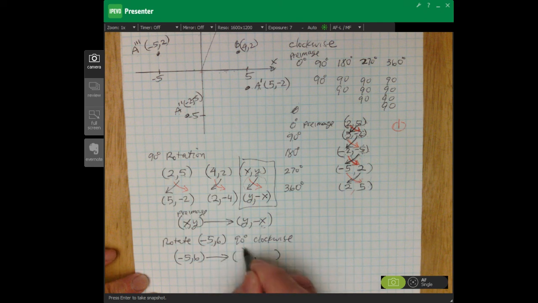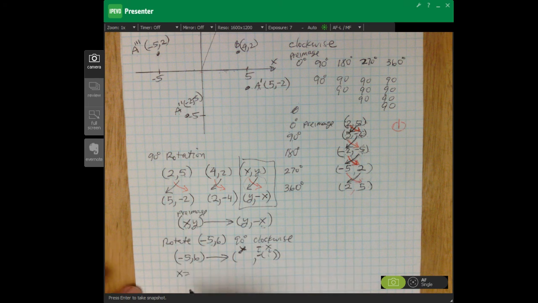Now here we're going to put our y, and here we're going to put -x. Now I'm going to have to put the negative no matter what, so I'm going to put this down here, and then I'm just going to put x right in here. So the negative goes out here and x goes in here.